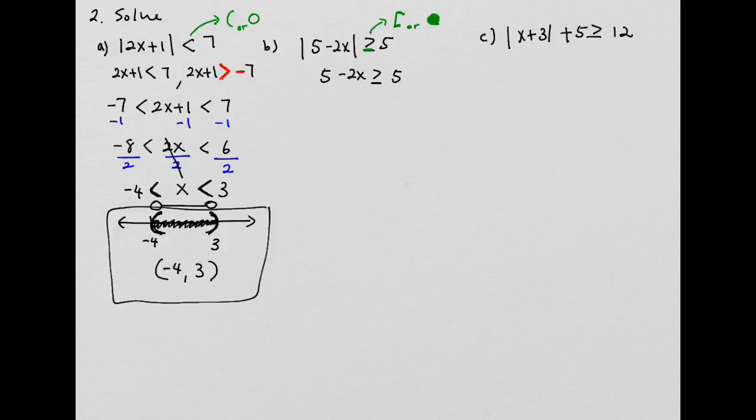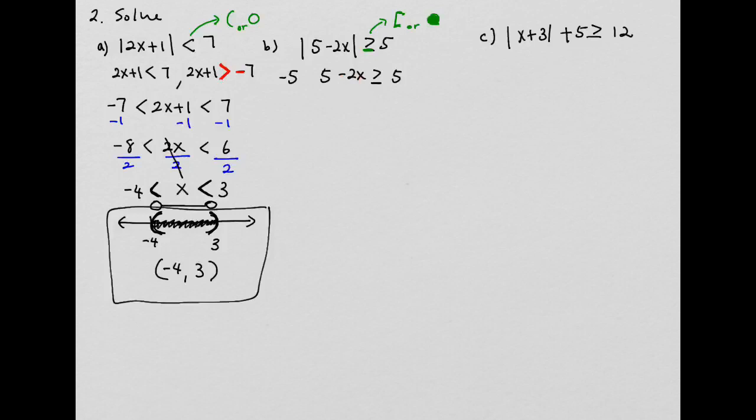Inequality signs stay. But if we have the one with the negative, we flip the signs. So if we flip the signs, 5 minus 2x should now be smaller, because it said in the given problem 5 minus 2x is greater than or equal to. So for the one with the negative, 5 minus 2x should be less than or equal to.